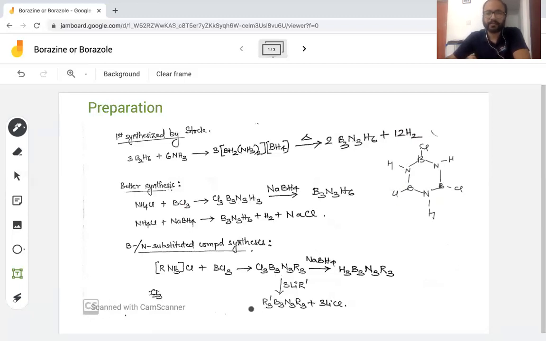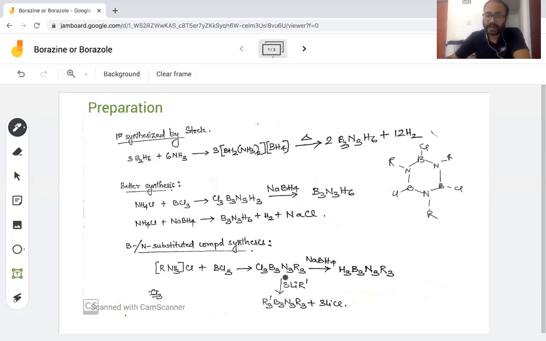Apart from that, if you take, instead of pure ammonium chloride, a substituted ammonium chloride, what will happen? The nitrogens will now not be attached to hydrogen, but rather to the substituents present on the substituted ammonium chloride. This is what is formed when you react with BCl3.